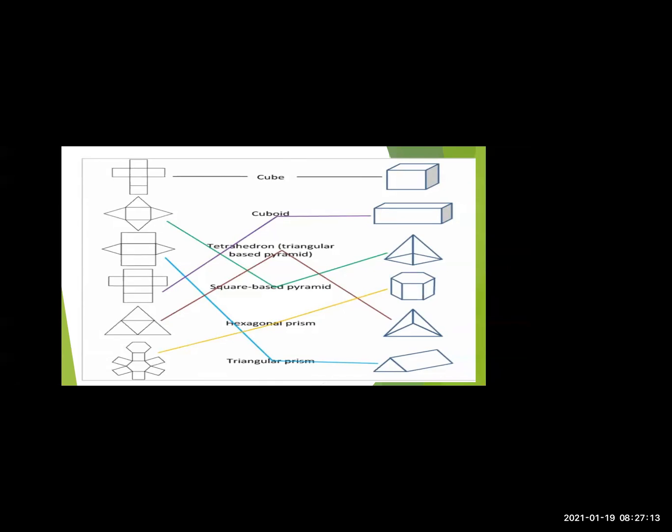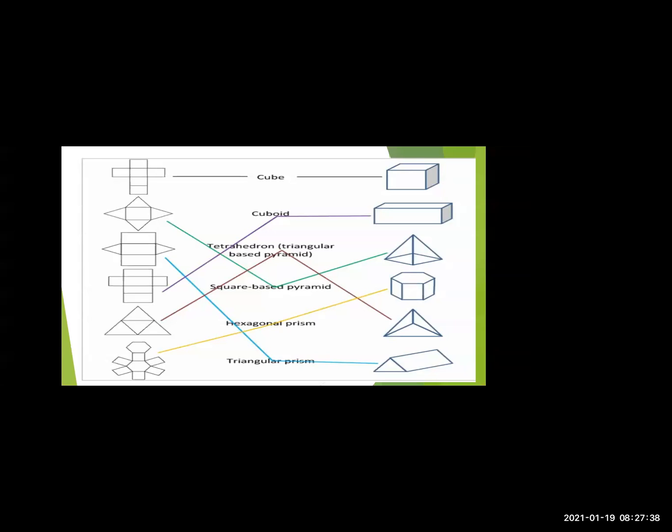Now here in the third figure we can see both the bases are triangles. So it is a triangular prism because it has 2 bases. Coming to the next one, we can see all the faces here are rectangles. So it goes to the cuboid.